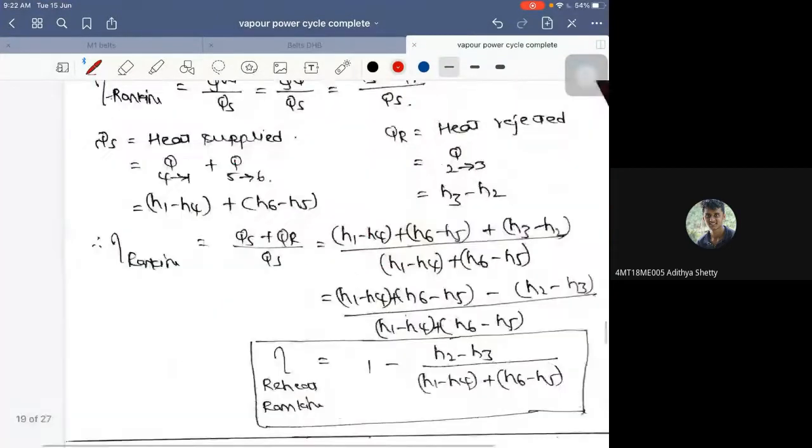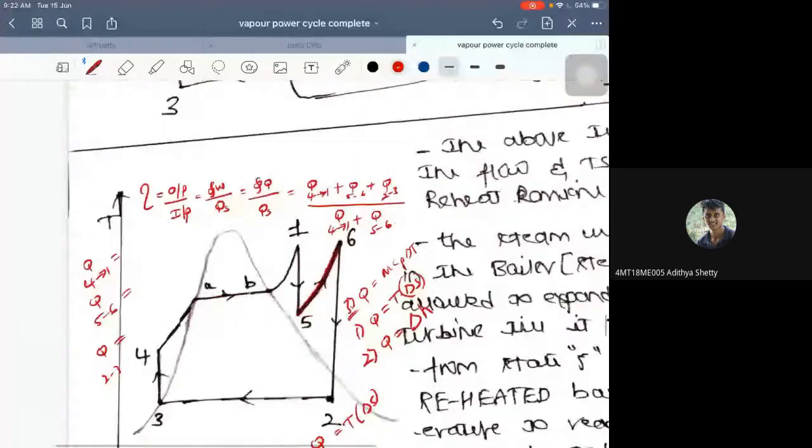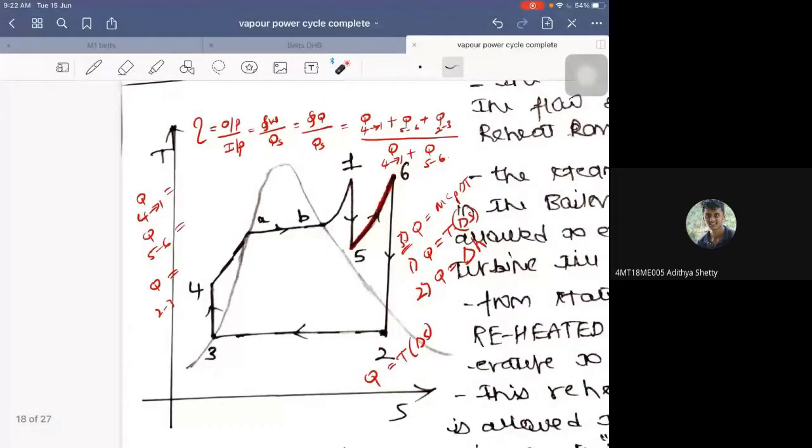He has gone with the enthalpy. So can you give the heat interactions in terms of enthalpy here? Okay, 4 to 1. How will you calculate in terms of enthalpy? How will you calculate Q4 to 1?